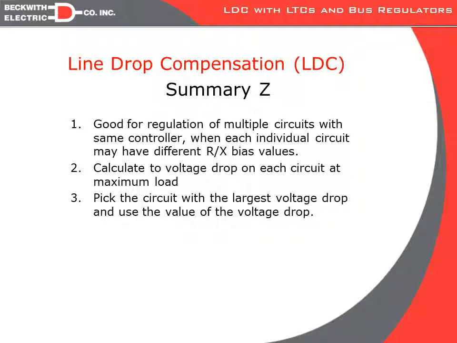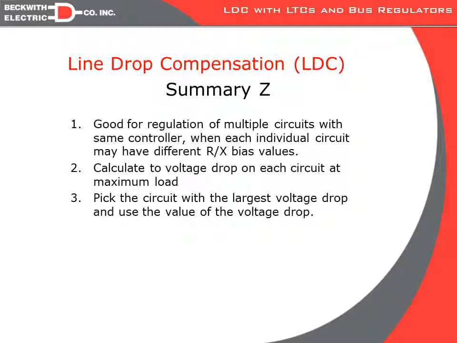If I have more than a 6 volt delta, let's say it's 2, 3, 4, and instead of 6, let's say it's 8. I would probably not want to use Z unless I put a line regulator on the 8 at the midpoint. Then I can change that 8 to a 4 because we would only be regulating the portion of the circuit up to the midpoint regulator.